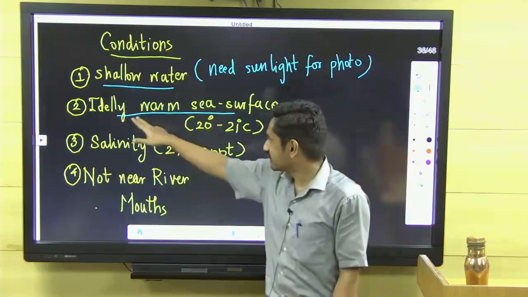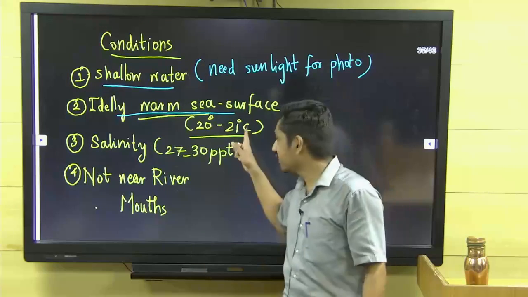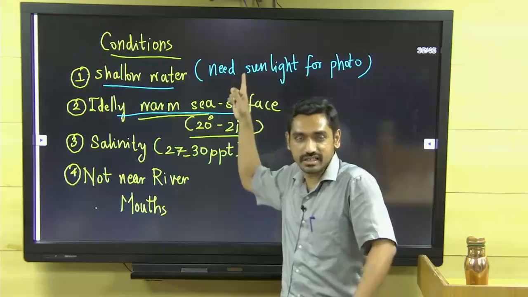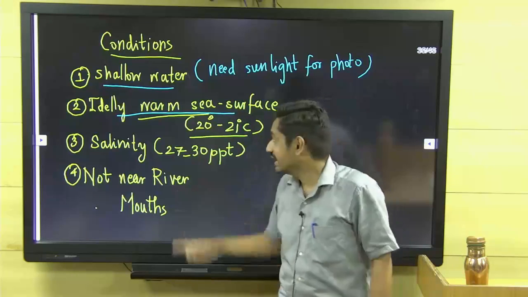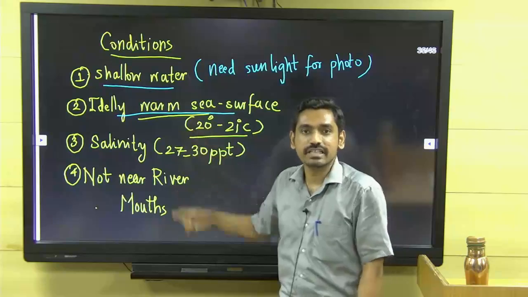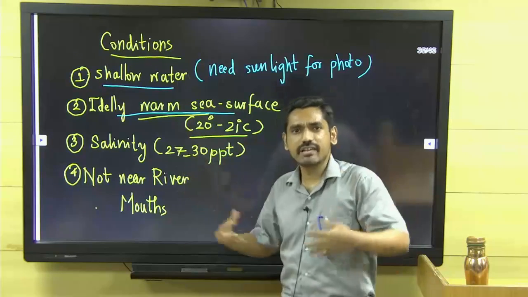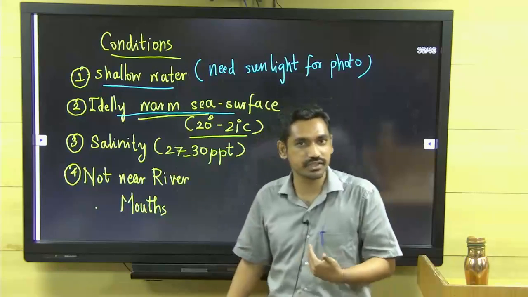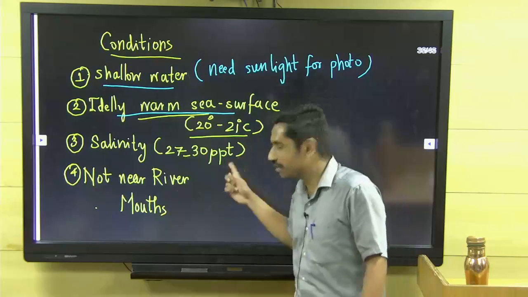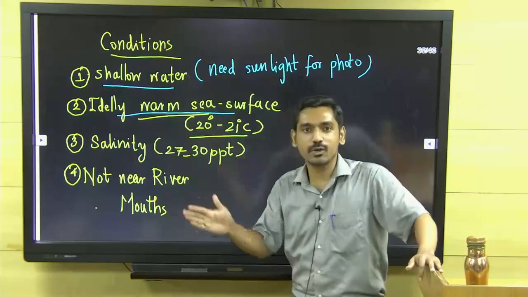You get the idea? Some of you might be thinking why this question came. Sir, you said warm temperatures are not ideal. At 32, 33 degrees, ocean waters become very warm. El Nino condition. That is not ideal for coral reef. For any organism, there is an ideal range of temperature. Even for human beings, we are not comfortable at 60 degrees Celsius. Once temperature increases, every organism will have a problem. So global warming will lead to coral bleaching.